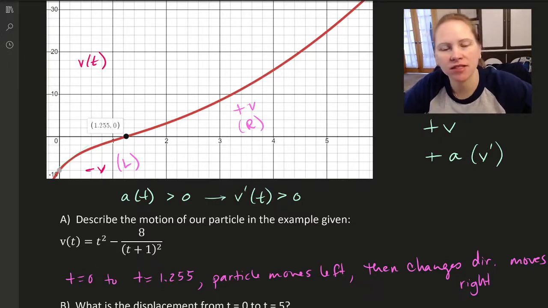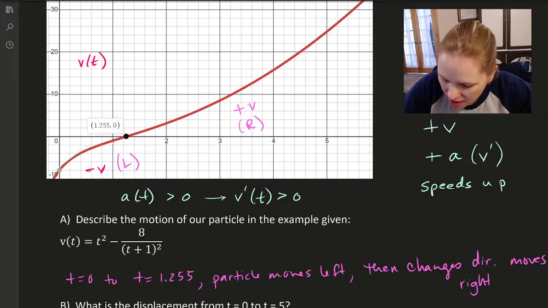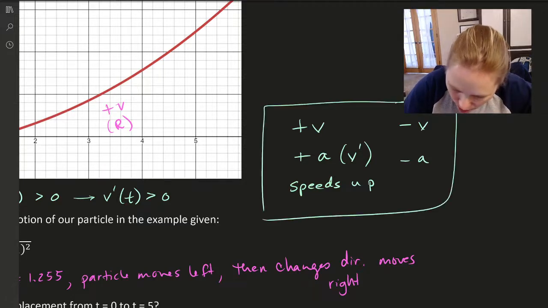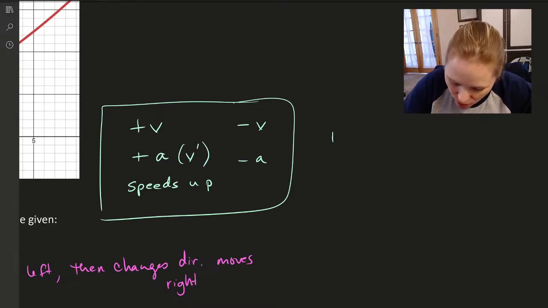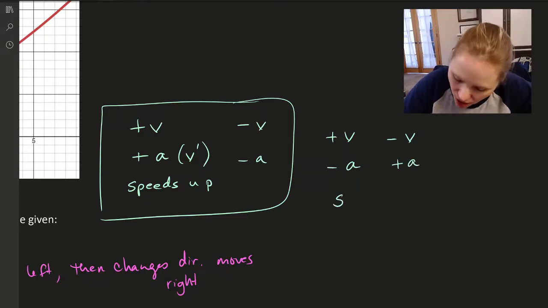Anytime you have positive velocity and positive acceleration, if the signs are the same, then my object is speeding up. The same can be said if you have negative velocity and negative acceleration. These are the times when my particle is increasing in speed, it's speeding up. If you have opposite signs, so positive velocity and negative acceleration, or negative velocity and positive acceleration, now we're slowing down.